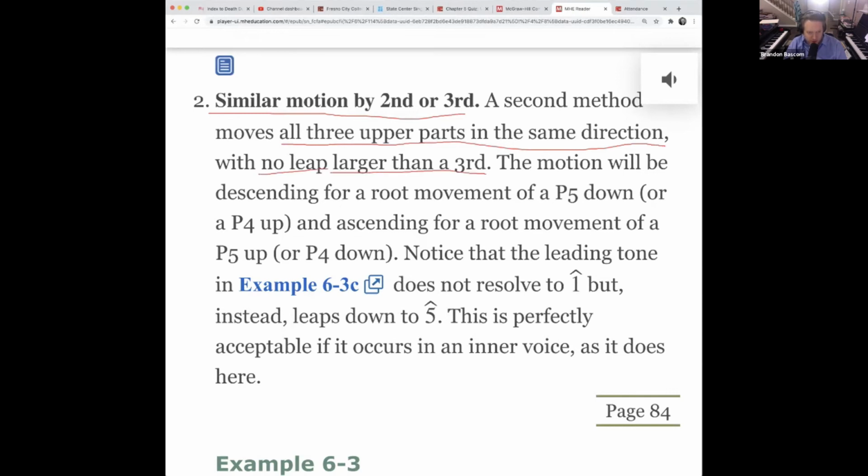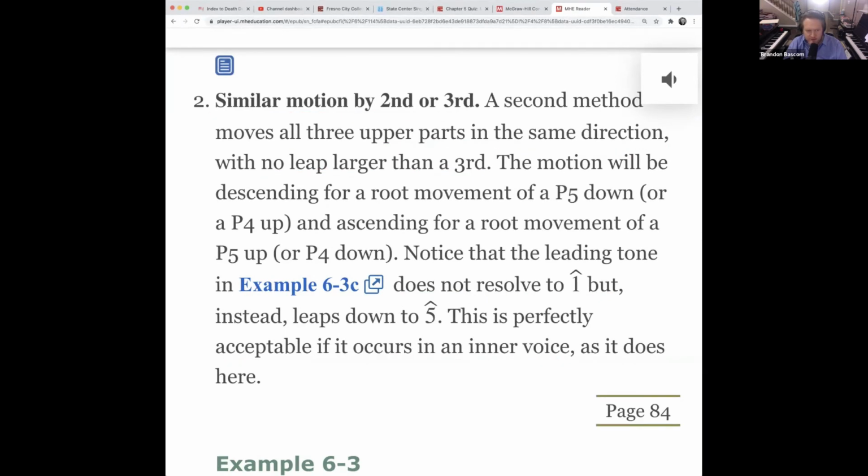The motion will be descending for a root movement of a fifth down or a perfect fourth up, and ascending for a root movement of a perfect fifth up or a perfect fourth down. Notice that the leading tone in example 6-3 does not resolve to 1, but instead leaps down to scale degree 5. This is perfectly acceptable because it occurs in an inner voice. So we're already breaking that norm.